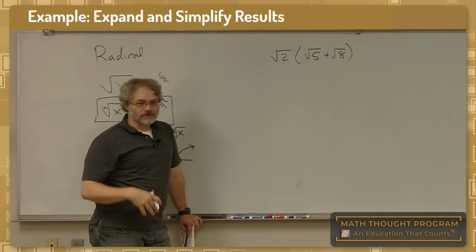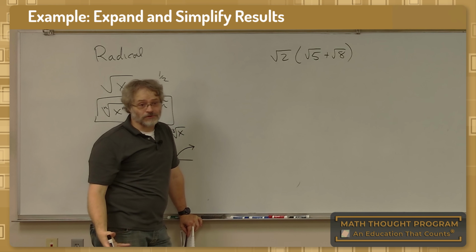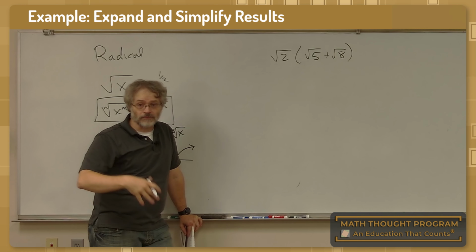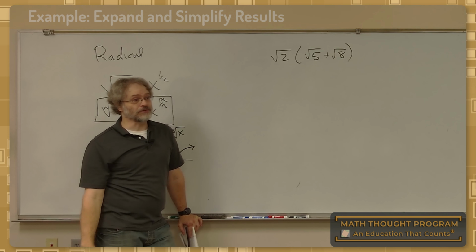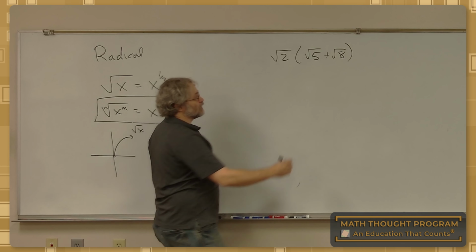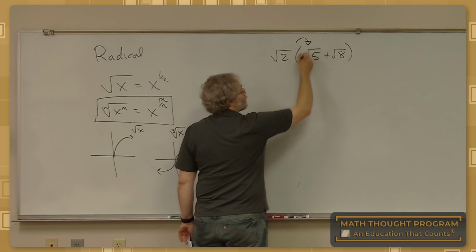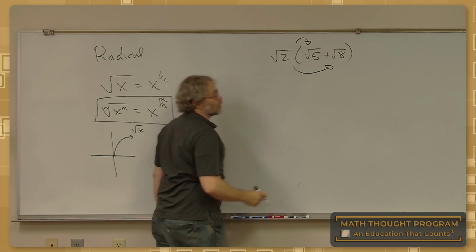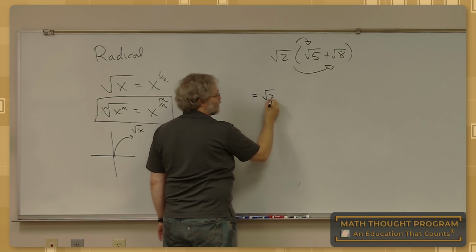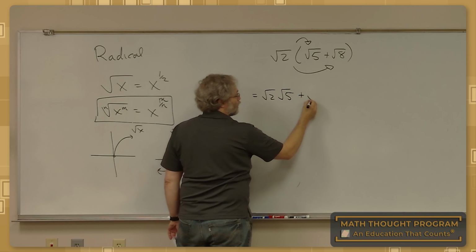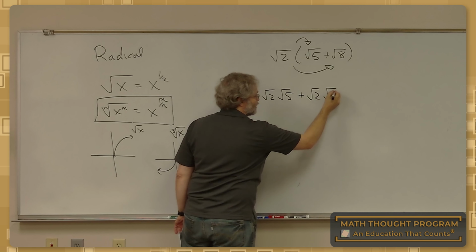And what I want to do here is go ahead and do some operations. So I'm going to expand out, multiply, add like terms, whatever the problem is asking me to do. The first thing I note here is I can expand out. I'll have root 2 times root 5, and here I'll have root 2 times root 8.